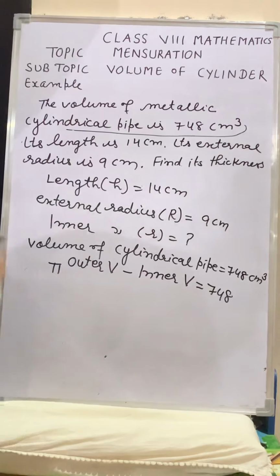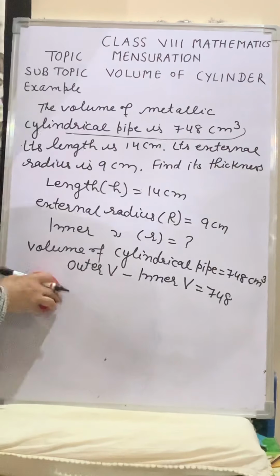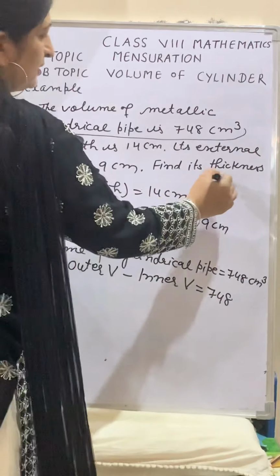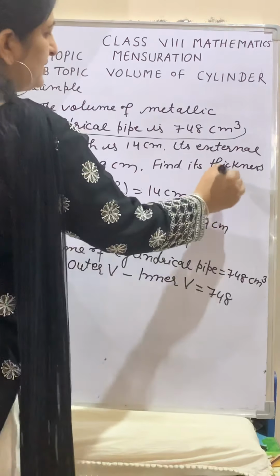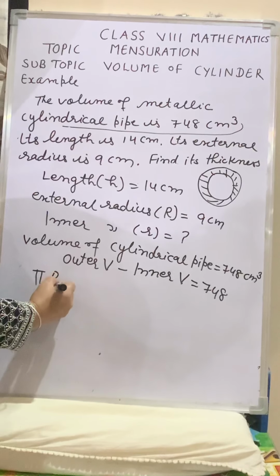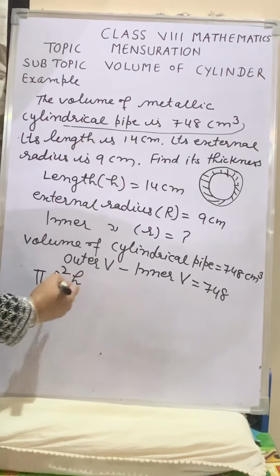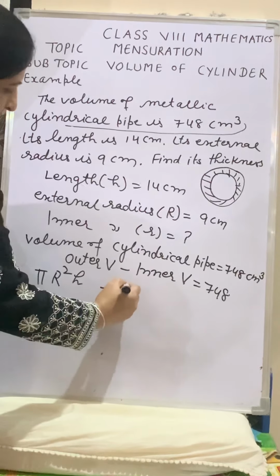It is inner circle, it is outer circle. When we find the area of a path, we take outer area minus inner area. Same. When the volume of cylindrical pipe is given, it means outer volume minus inner volume is given. Outer volume is pi, now external radius is capital R, H is the same, minus pi small r square h is 748.